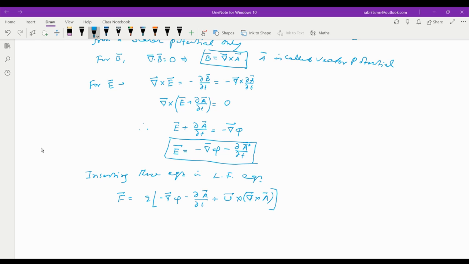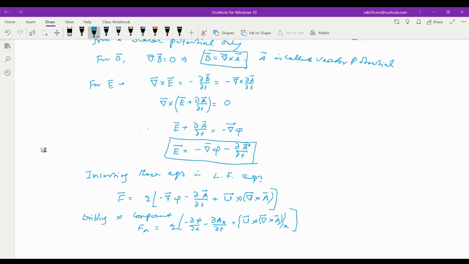Now if we write the x component, writing x component, Fx, now it will be a scalar equation: Q times minus del phi del x minus del Ax del t plus the x component of V cross del cross A. এই টার্মটা x component, right?